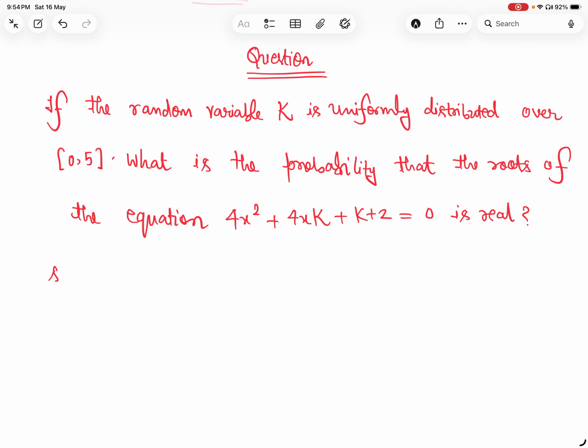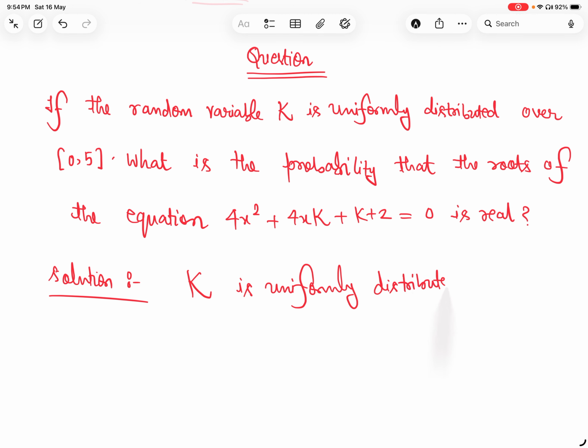Solution. Let's see how to solve it. So k is uniformly distributed over the closed interval [0, 5]. So a is 0 and b is 5.